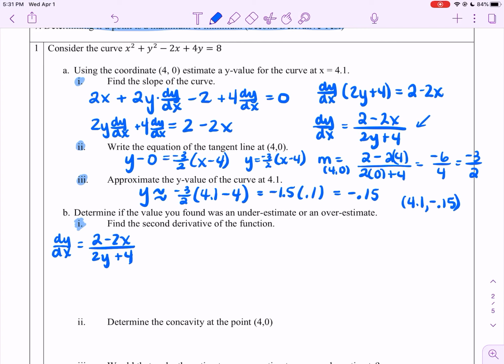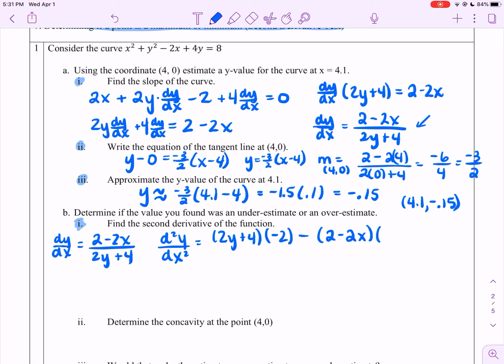Note that the second derivative here is actually going to require a quotient rule. Our second derivative will start with the lower function times the derivative of the higher function, that will just be a negative 2, minus the higher function, the one in the numerator, 2 minus 2x, times the derivative of the low.